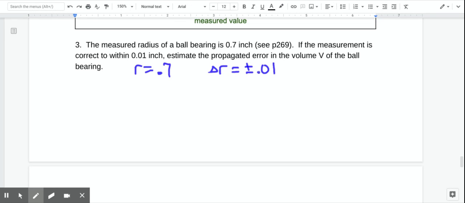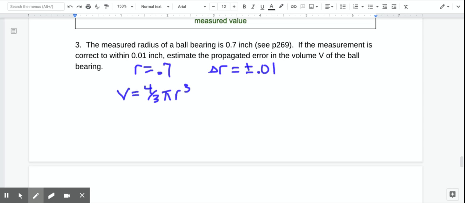Now we want to talk about the volume of this ball bearing, and we want to know the propagated error in the volume. The volume of a sphere is 4/3 pi r cubed.